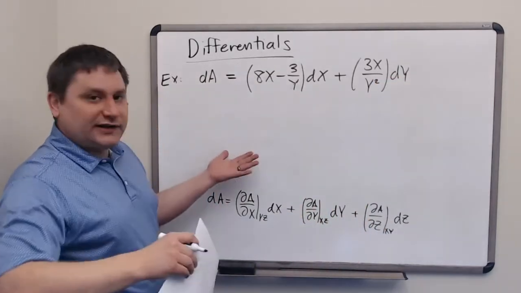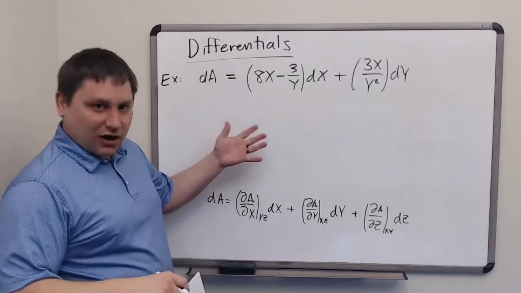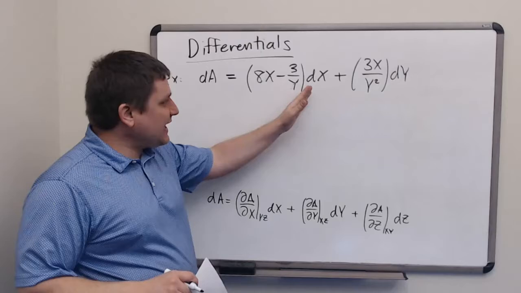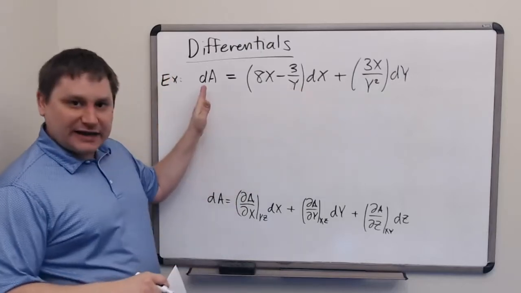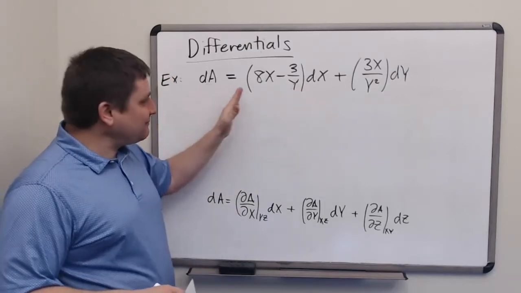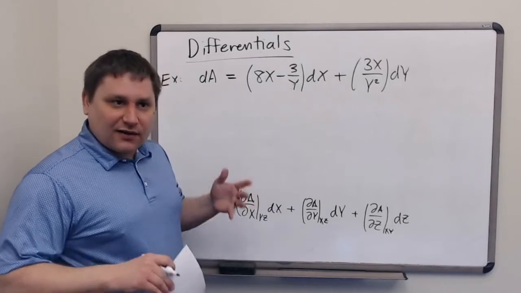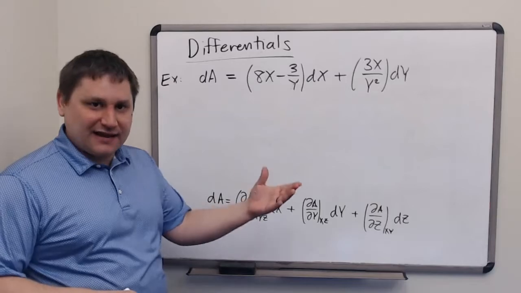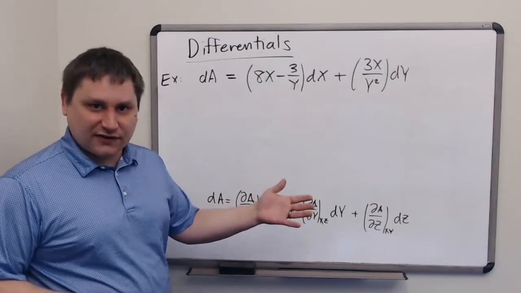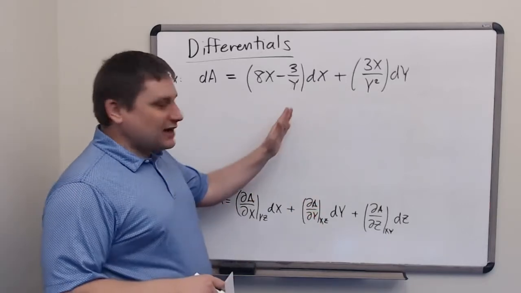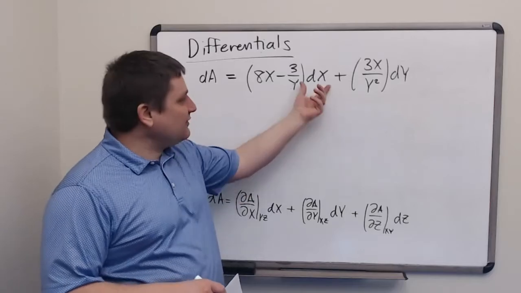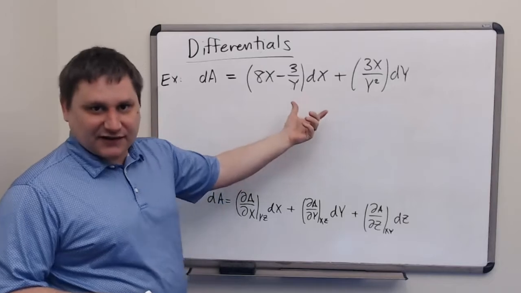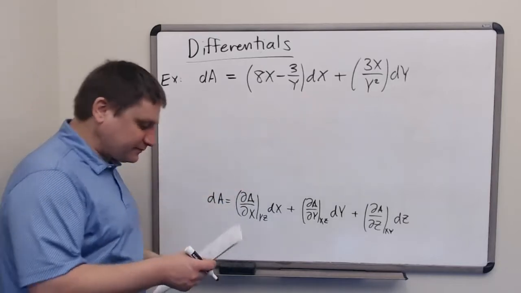Now, this is totally sensible if we have a certain current value of x and y, and we have small changes in the quantities x and y. We can approximate the change in the quantity A by just plugging in those. Now, formally, we don't associate a value with the differential. It has an infinitesimal size approaching 0, but we can approximate what it means by plugging in small changes, like turning these d's into deltas, which gives us something that's correct to first order.